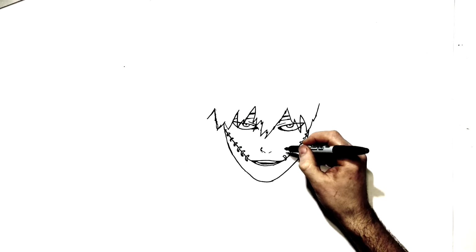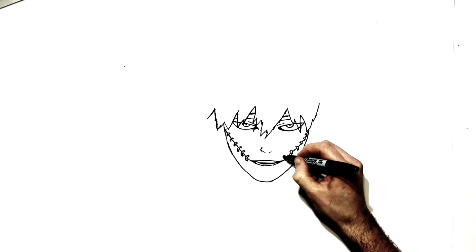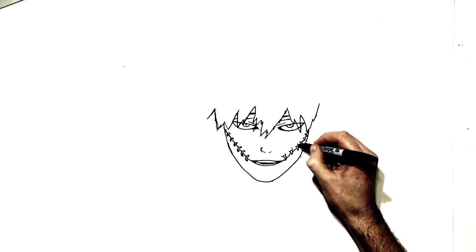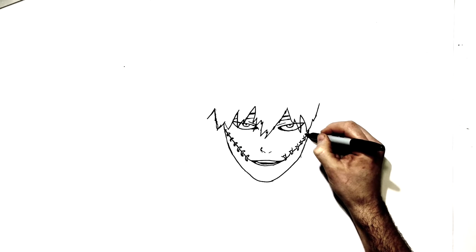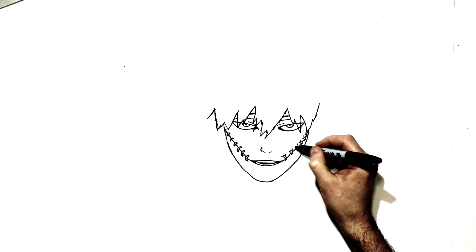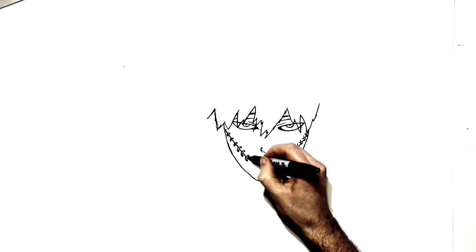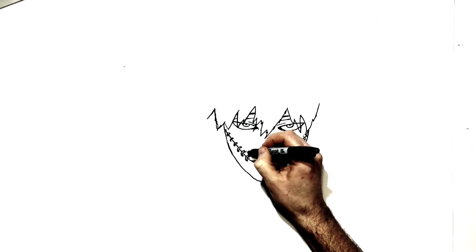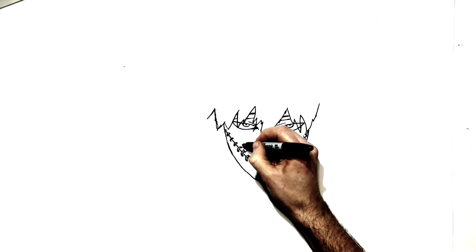And then just to make it look like it's going into his skin and they're not just sitting on his face, you'll just do some kind of lines coming out of these. Just some sort of fold lines for the skin to actually make it look like they're going into his skin rather than just sitting on top.